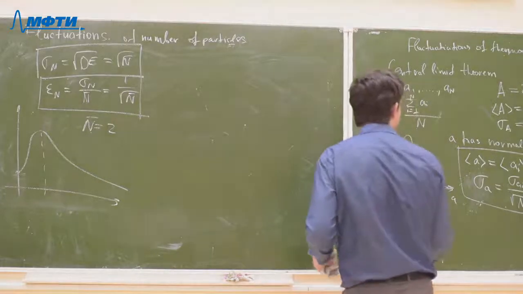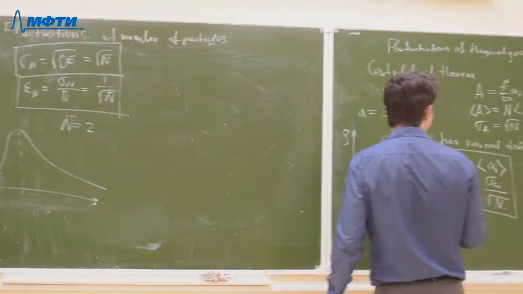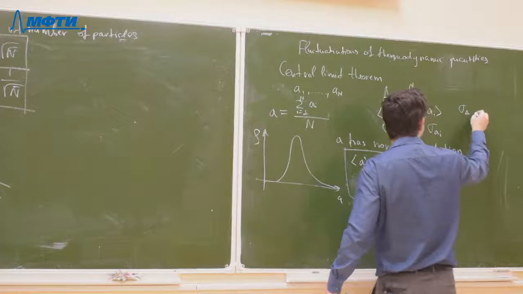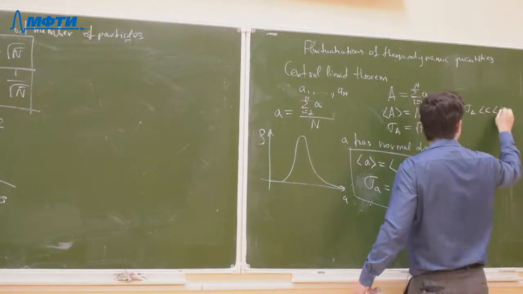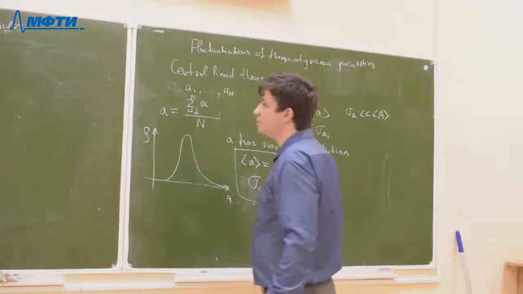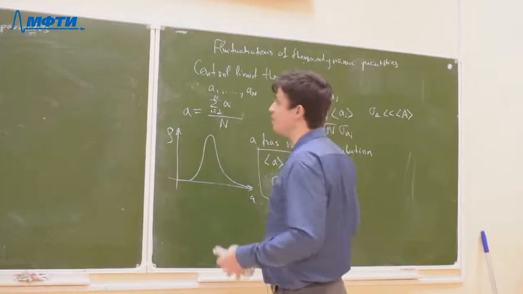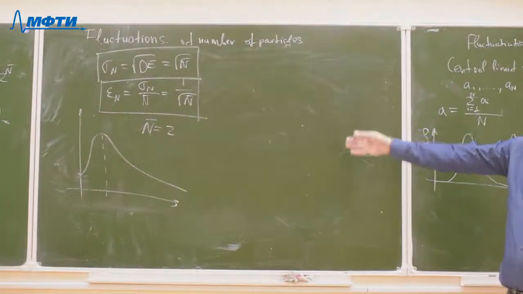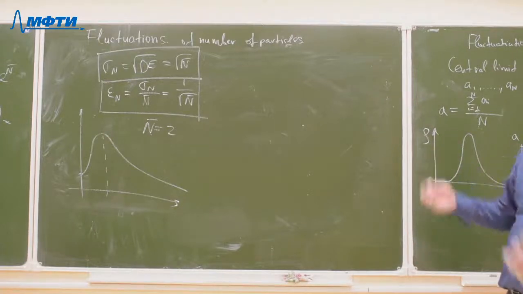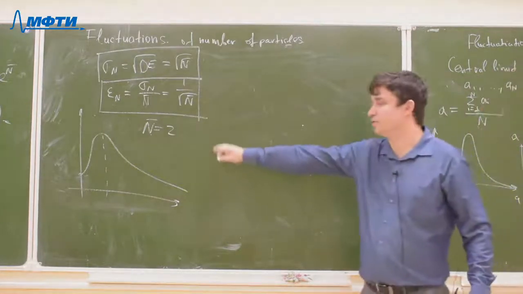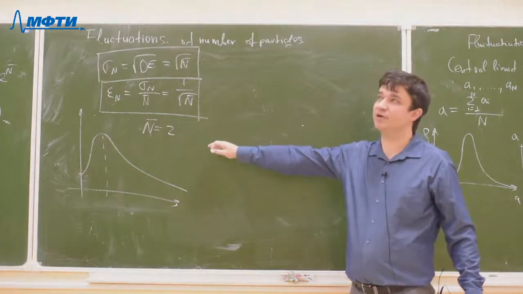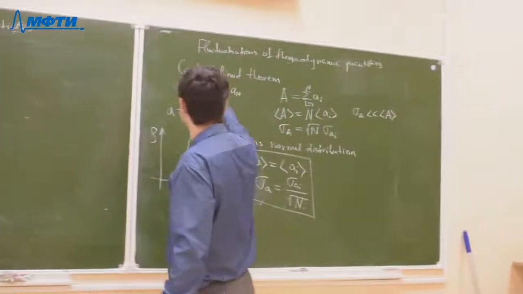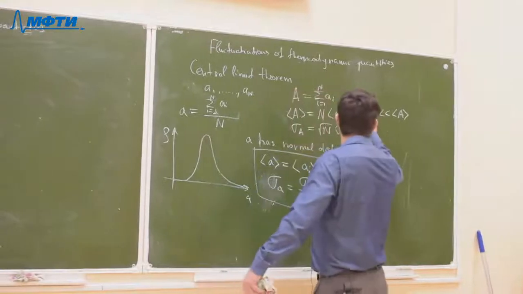But the central limit theorem applies under the condition that sigma A is much lower than the average of A. So this means that we can consider the Poisson distribution even for a small number of particles, if the average number of particles inside the selected volume is very small, like 2 or 3 or 10 or 0.1, while the following derivation, which is based on the central limit theorem, requires this condition.